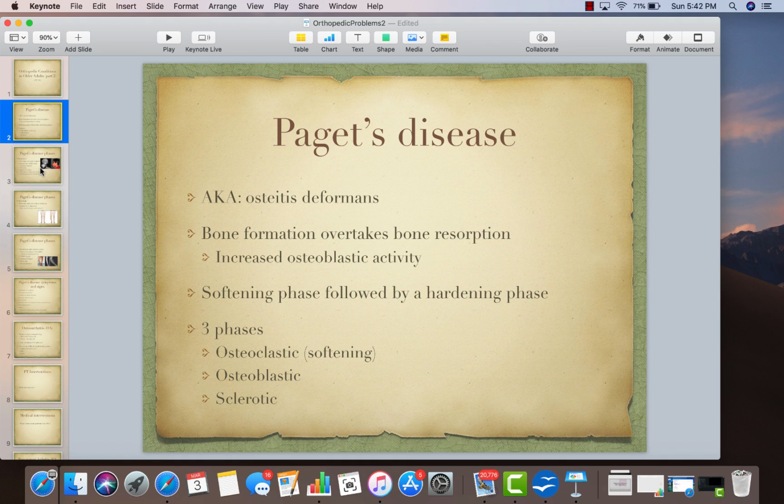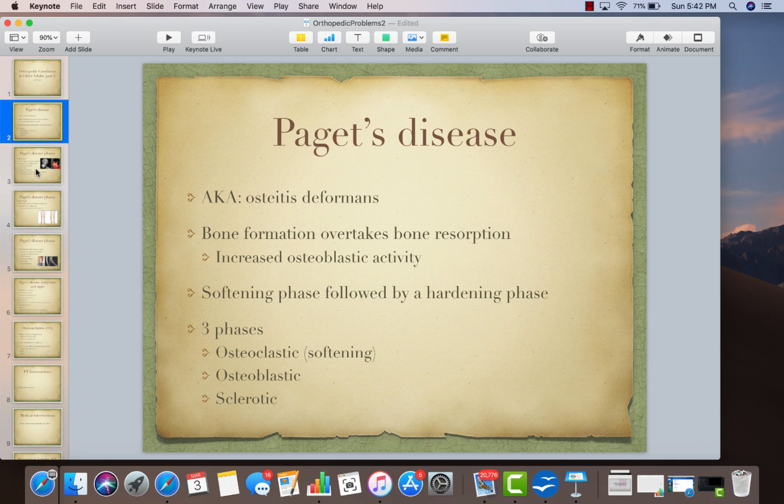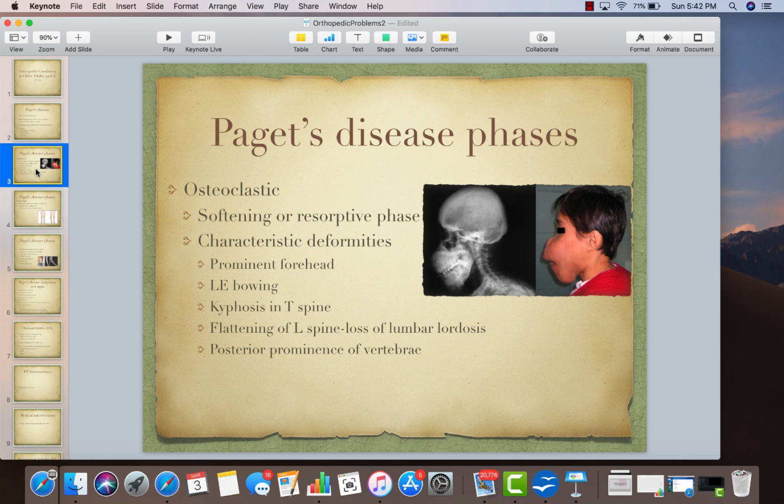So there are three phases: osteoclastic, osteoblastic, and sclerotic. So in the initial phase, which would be the osteoclastic phase, this is a softening or reabsorptive phase, and there's characteristic deformities, typically a prominent forehead.